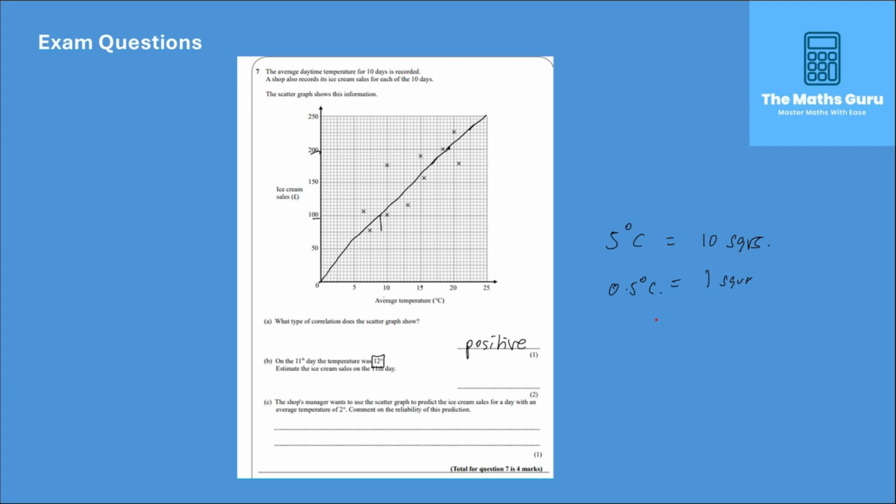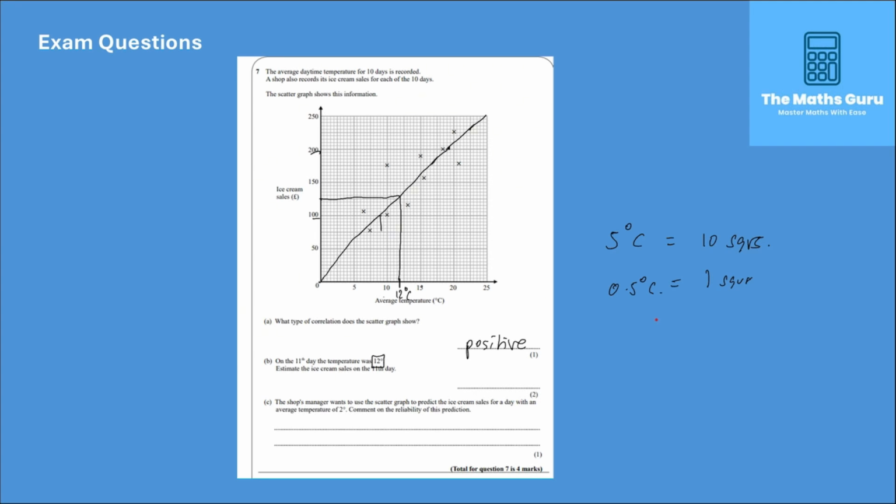So if we're to go to 12 degrees, remember, first square is going to mean 10.5, second square is going to mean 11, then 11.5, and then we're at 12 here.